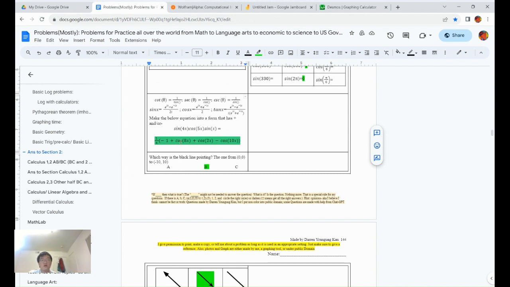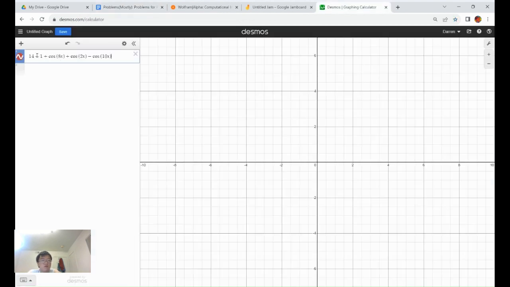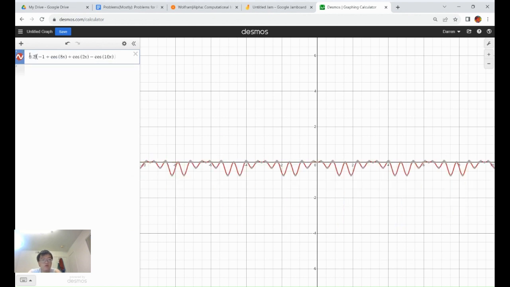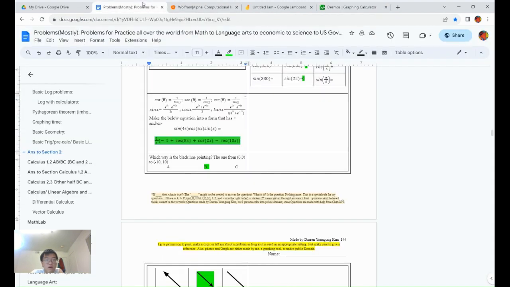I didn't show my steps. Great. Let's make sure that this works over here. No, 0.25. I don't remember that graph being like that.